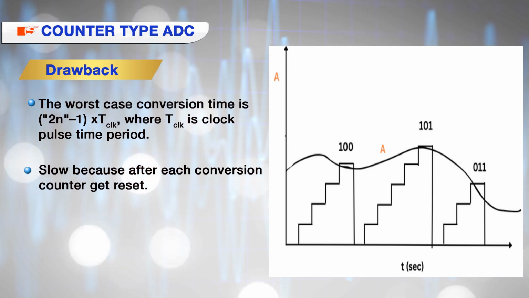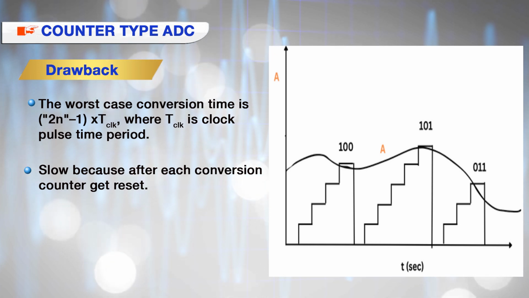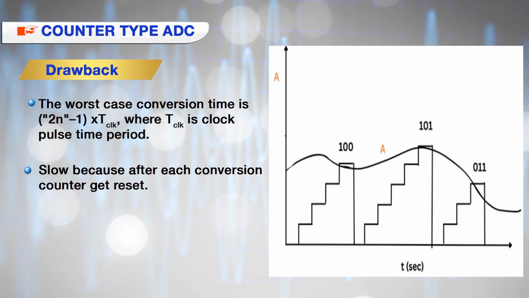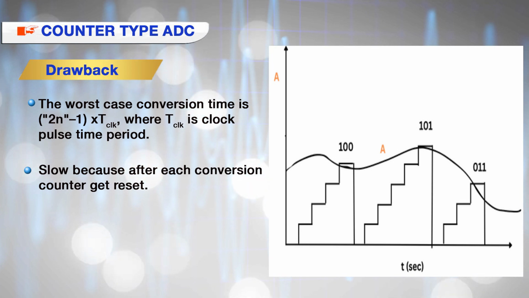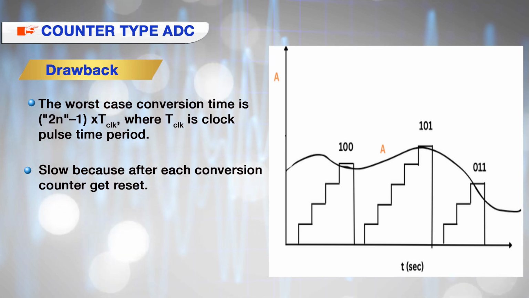Also, there is another issue with counter type ADC, that after each count, the counter gets reset, which makes the conversion process slow. Look at the diagram. If we consider input sampled voltage is equal to 4, then the counter will count from 0 to 4, that is 4 times the counter will count.